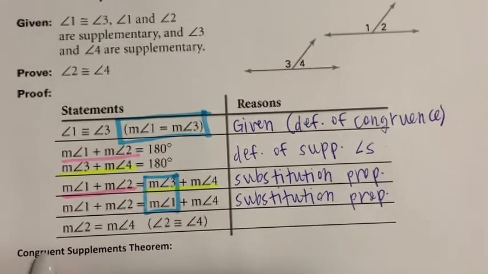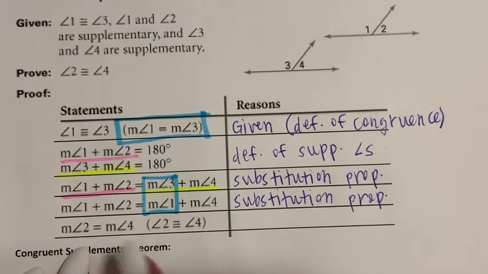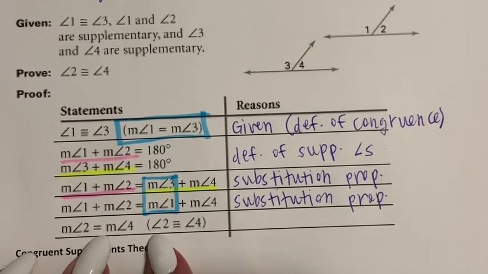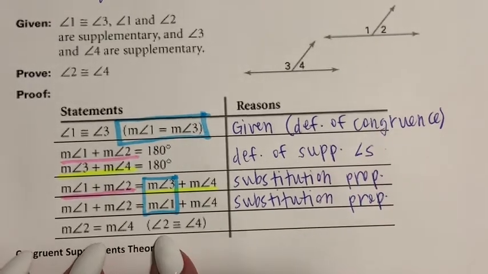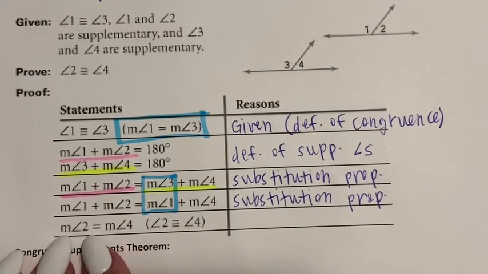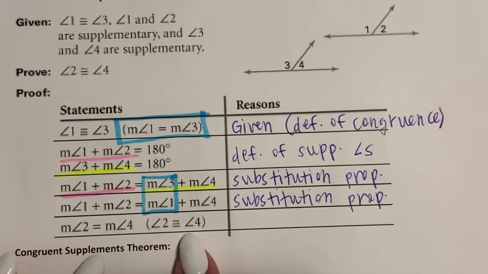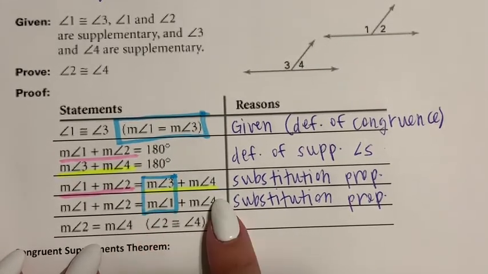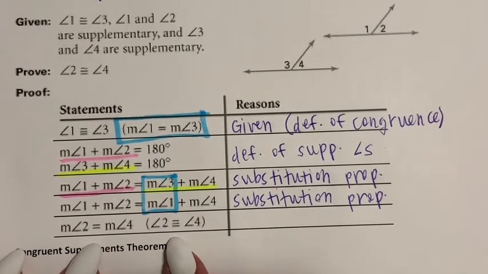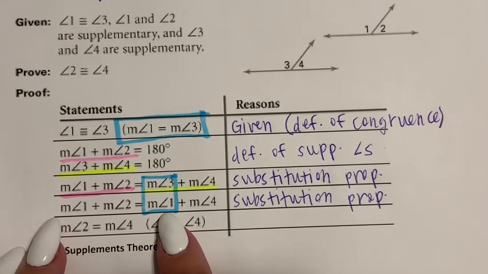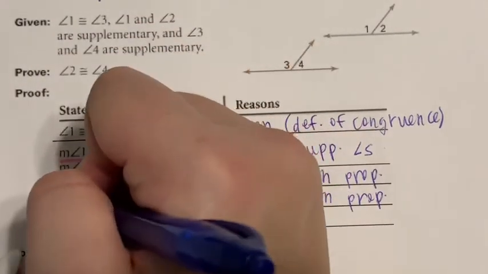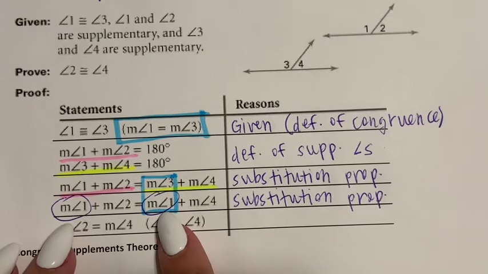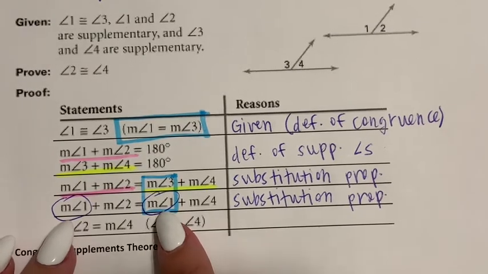And we're almost done. Here, we do have the definition of congruence piece again, where we're switching between talking about their angle measures to talking about them being congruent. We need to notice what is happening in this step. I'm noticing that the measure of angle 1 has dropped out of the proof. The reason for that is we subtracted it out.